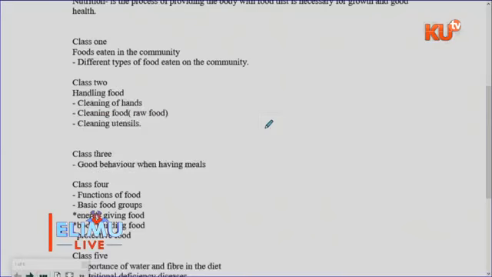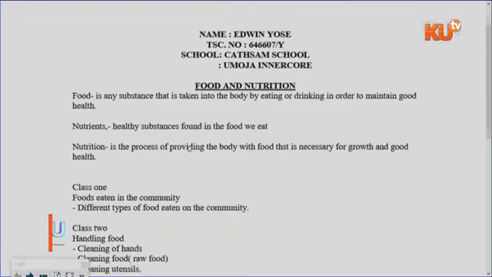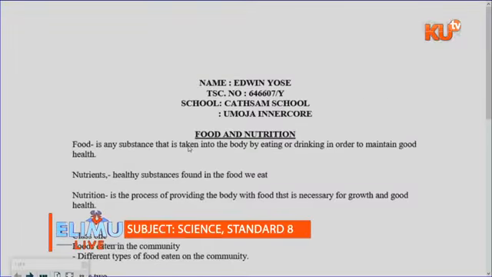In 2017, there were also 3 questions. In 2018 again, they set 3 questions. Only last year they set 2 questions, which were number 10 and number 11. So as I take you through this topic, take it very keenly because it must always come in the exam.